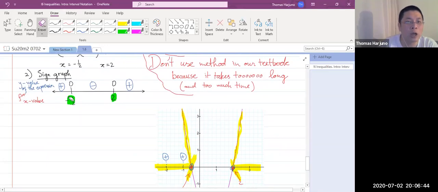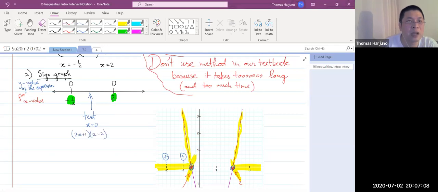Now going back to that question, how do we know, Thomas, if the sign is positive or negative? What you can do is take a test point in each interval. Let's say test x equals 0 in this interval. You factored it already, right? So you have 2x plus 1, x minus 2.